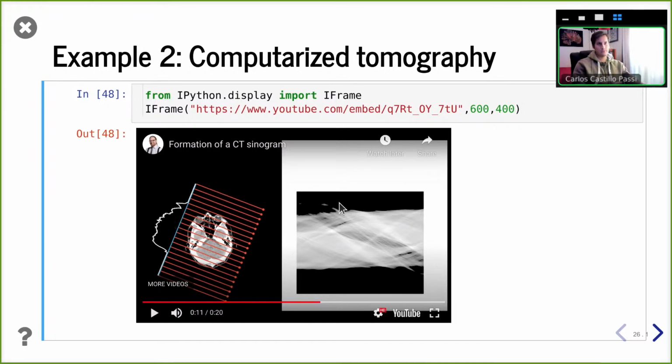Other examples of linear systems are basically all the types of medical imaging, like magnetic resonance imaging and ultrasound. You can also think of it as a linear system, and so on.